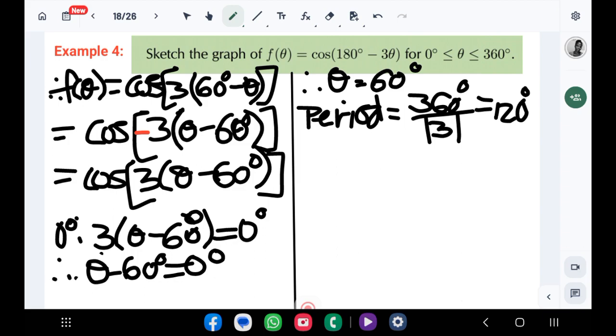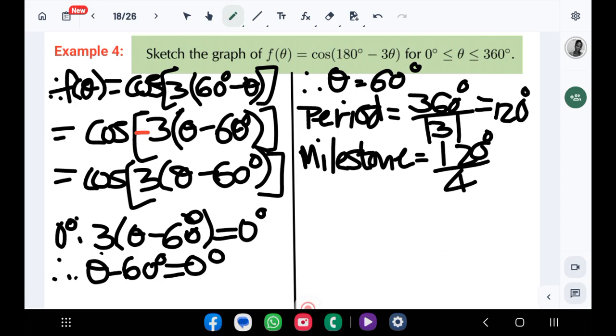That is our period. The milestone is that divided by 4, so 120 divided by 4 equals 30 degrees.